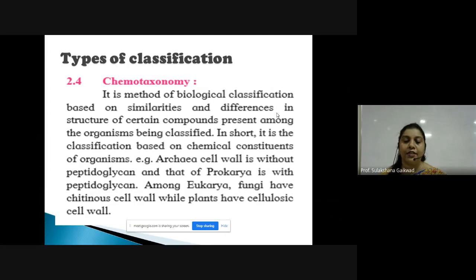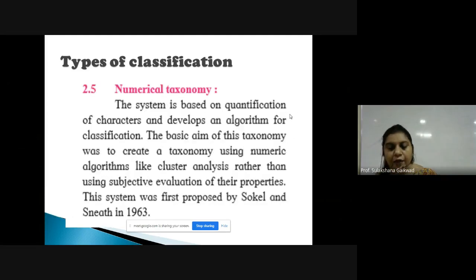The next classification is chemotaxonomy, based on the chemical constituents which are present inside the cell. Cell wall मध्ये काय constituent आहे किंवा नाही याच्यावर हे classification अवलंबून होतं. This is chemotaxonomy. After that comes numerical taxonomy.